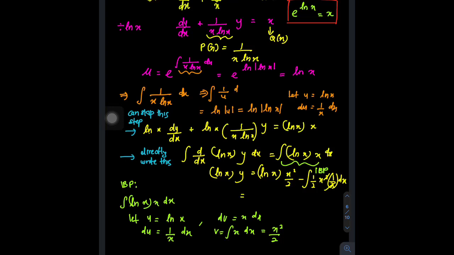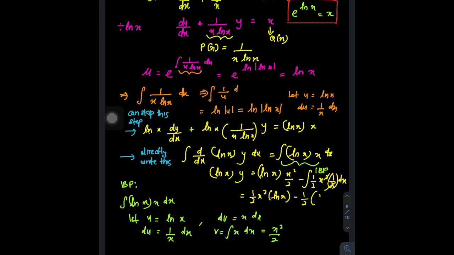So what you will get is 1 over 2 x squared ln x minus 1 over 2 times the integral of x dx. You just have x left, then you integrate and you will get x squared over 2.